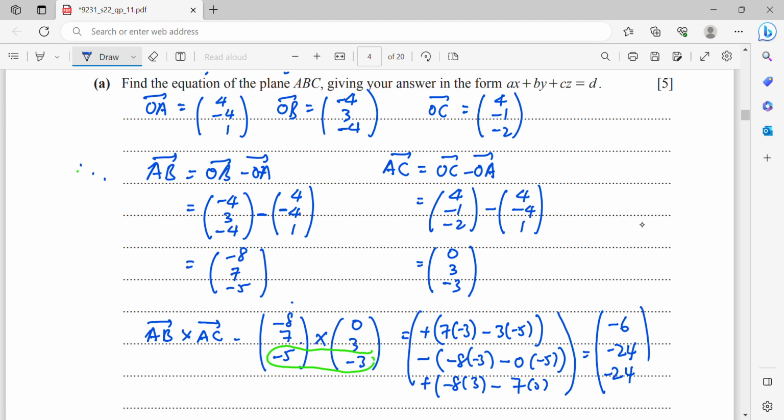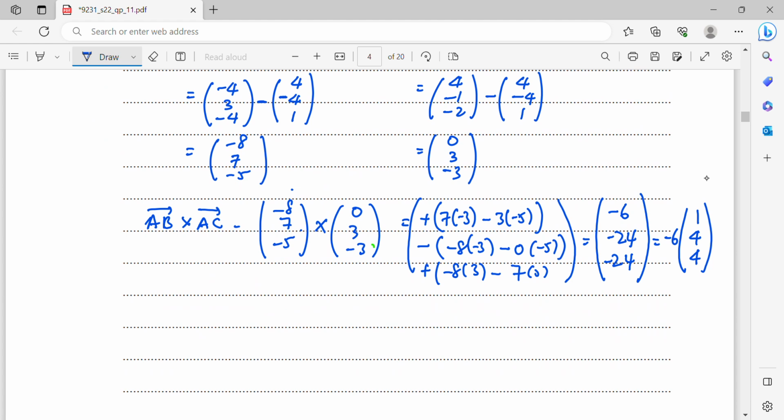Okay, so from here, I may factorize minus 6. So I get 1, 4, 4. And since I have mentioned just now that the perpendicular vector, which is the n from the plane equation, is parallel to the AB cross AC, then I can say that my vector n is basically 1, 4, 4.